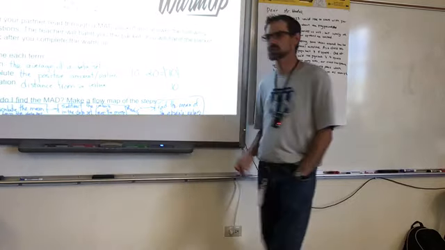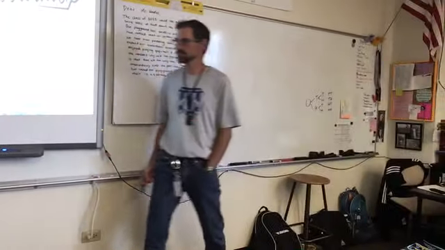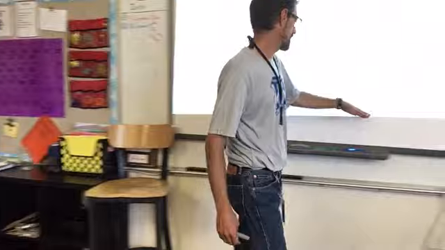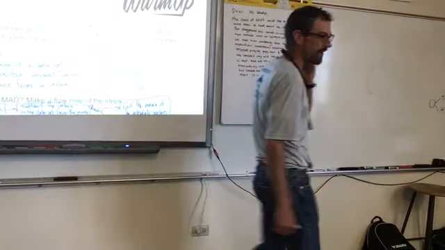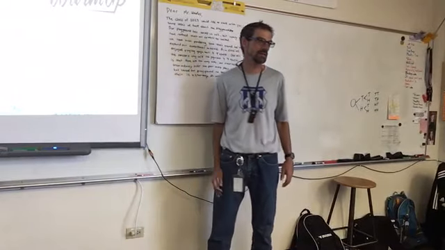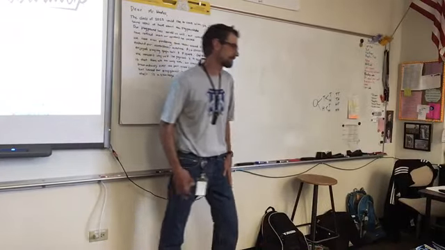Basically what we're doing when we're figuring out the mean absolute deviation is we're doing the mean twice. So that is how you find the MAD. Questions about the MAD? We're good there?